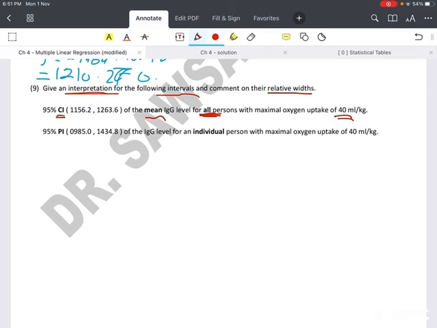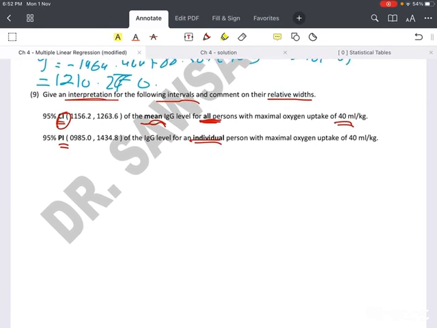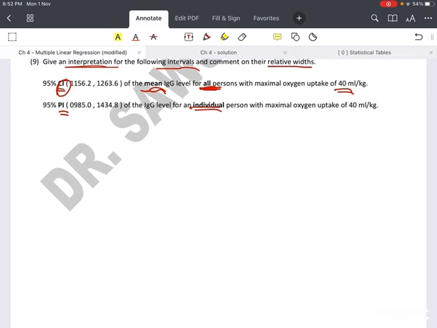For 40, the confidence interval is for the mean, which differs from the prediction interval, which is for the individual. In the estimate, for the point they are the same, but the intervals are different. So here they need me to interpret the relative width.